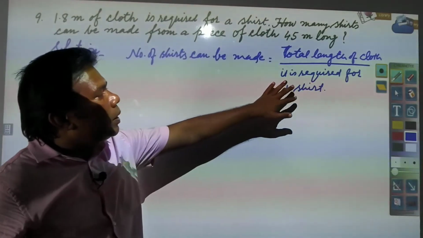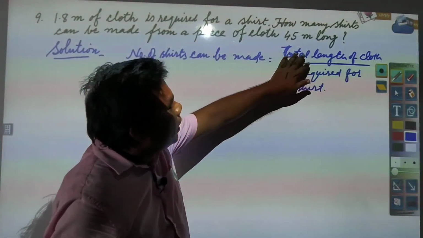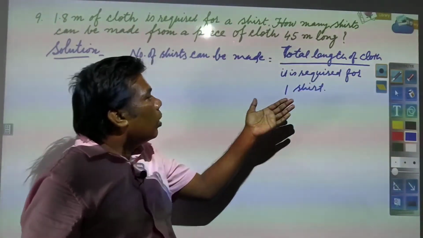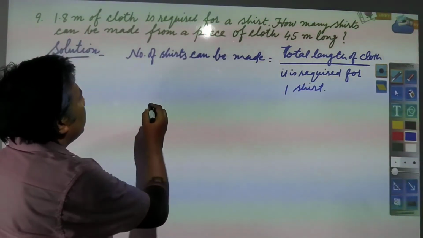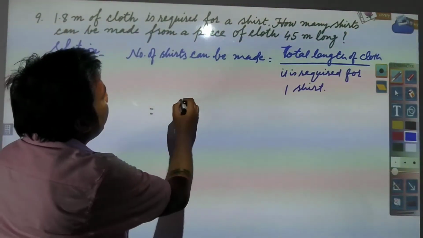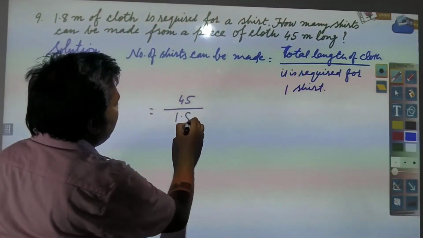For one shirt, how much is required? By this, the total length of the cloth is required to be divided, or you can also write and solve by the unitary method. So here you see, that will be equal to 45 divided by 1.8.